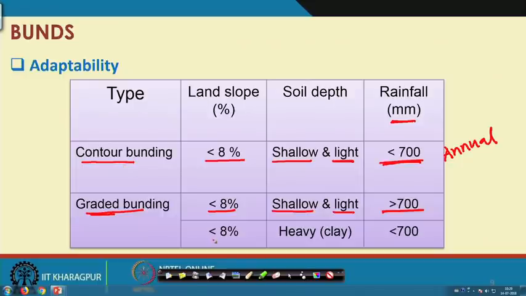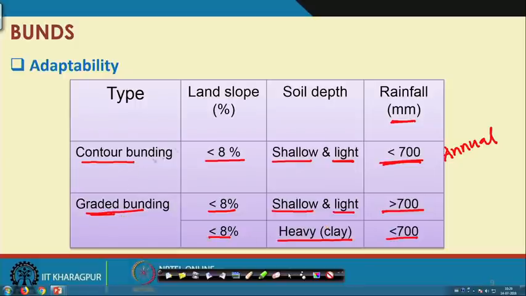But if the land slope is less than 8%, rainfall is less than 700 mm and the soil is heavy clay where infiltration is very low, then in case of contour bunding, if infiltration is not taking place, waterlogging may happen. So, in that case we go for graded bunds.